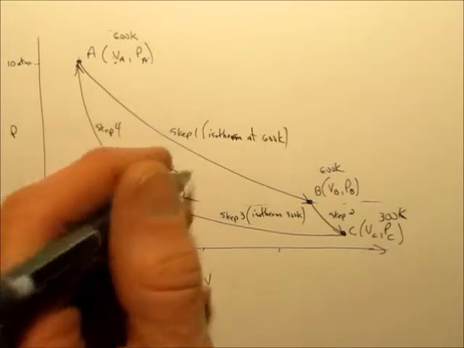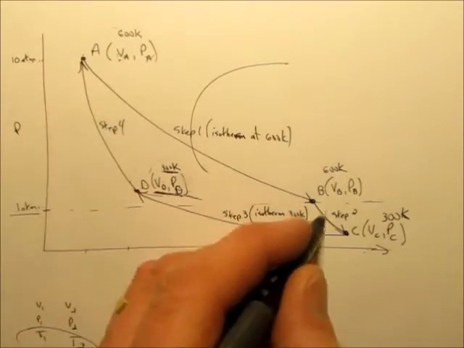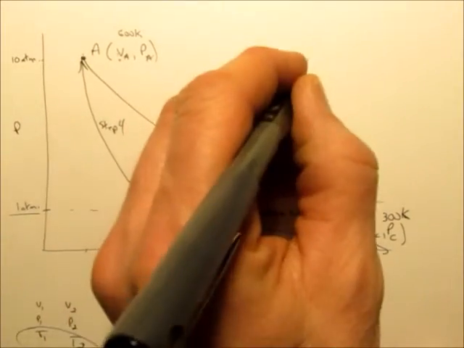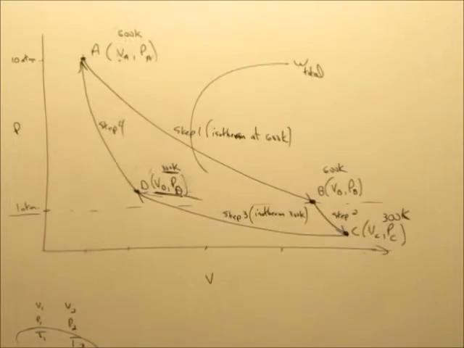So this is the first step to complete a picture on a PV graph of the Carnot cycle. And it turns out, folks, the area on the inside, totally enclosed, will end up being the total work for the cycle.